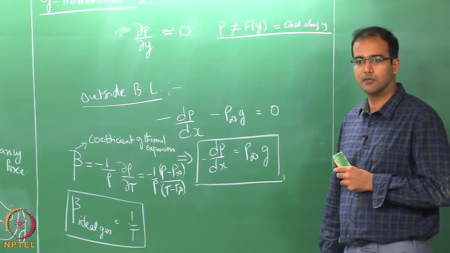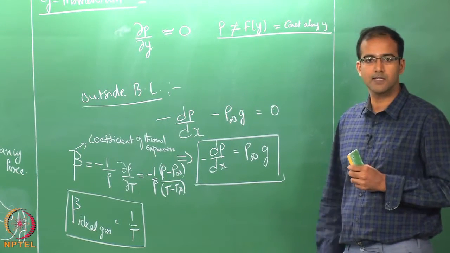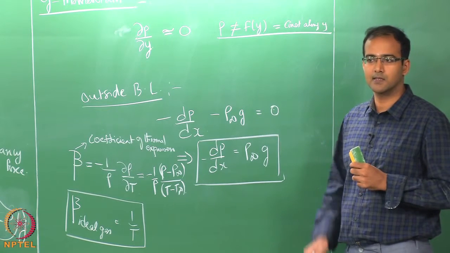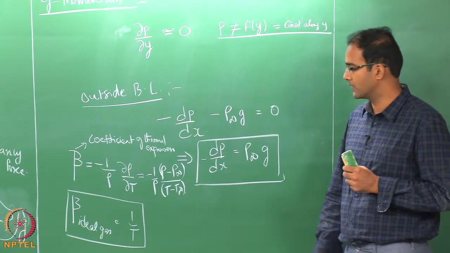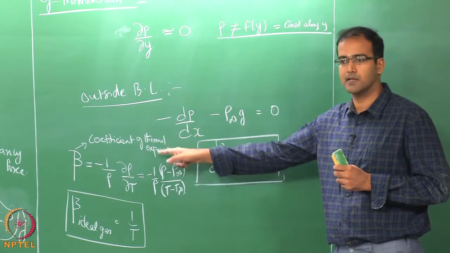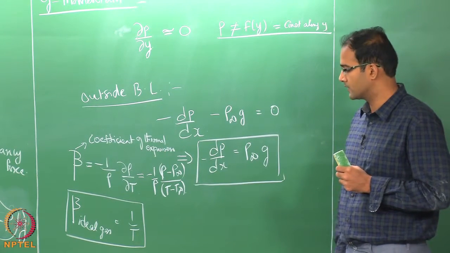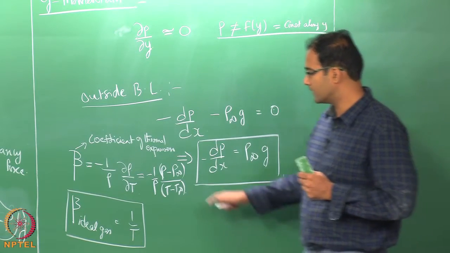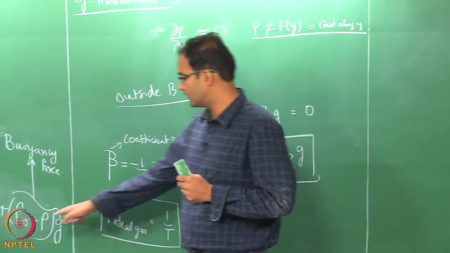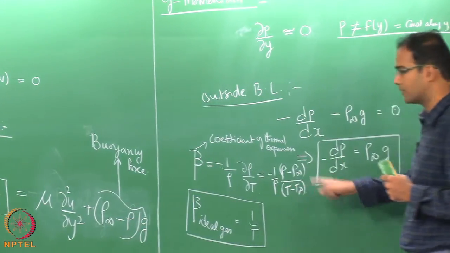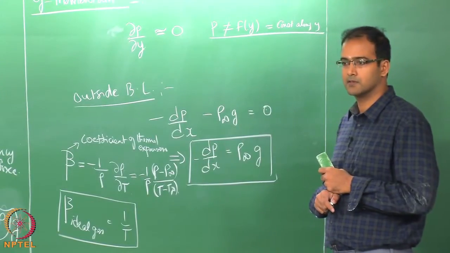If you assume that for small changes in temperature, we can assume a linear variation in density, therefore, we can just approximate the derivative d rho by dT as rho minus rho infinity by T minus T infinity. Now, you can therefore substitute for this buoyancy force rho infinity minus rho from this particular coefficient.